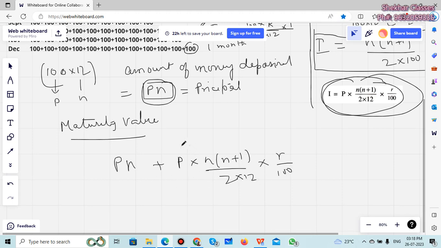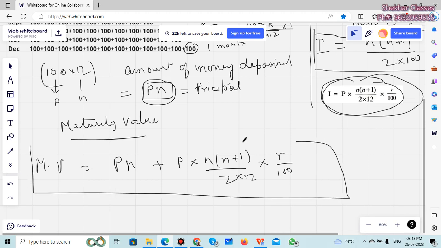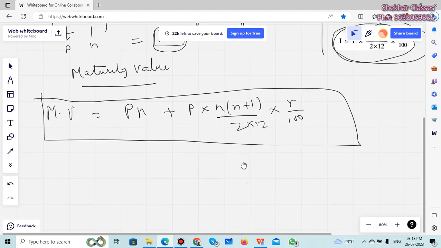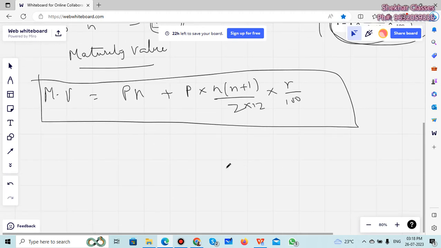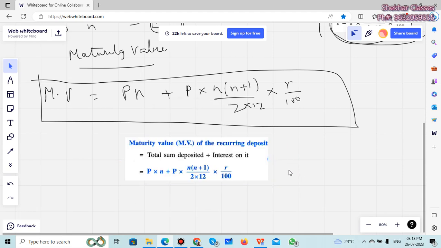So this is the interest you got, this is the principal, and this is the maturity value. This is what you will get from the bank at the end of maturity, and this is the formula that you have in your book. Same thing: total amount deposited, P into N, plus the interest.